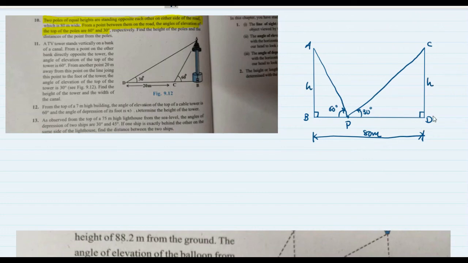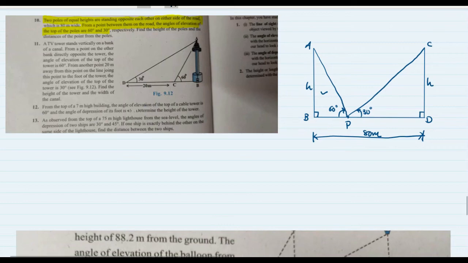Now there is a very interesting thing we can do in this. In this triangle APB, we'll take the small triangle first. In this triangle APB, we know that AB is H, and we know this angle opposite to AB is 60 degree. So if we represent side BP in terms of AB using trigonometry, we'll find BP in terms of H, and that will be easy.